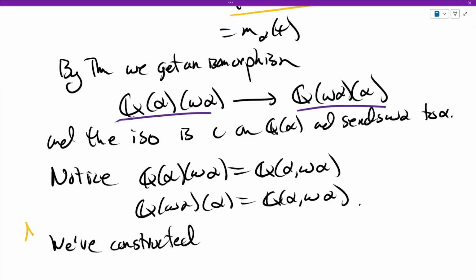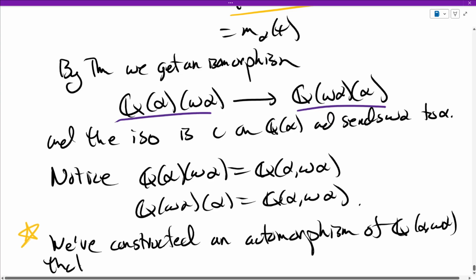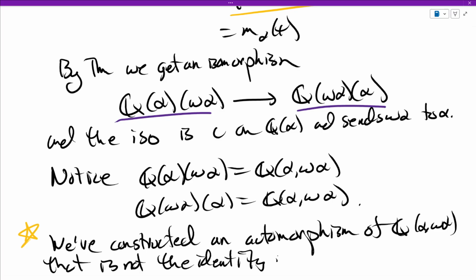So what we've done here is we've constructed, this is way cool, okay? This example is just amazing. We've constructed an automorphism rather, of Q adjoint alpha omega alpha that is not the identity. Why is it not the identity? Well, it interchanges alpha and omega alpha, right? It swaps them.